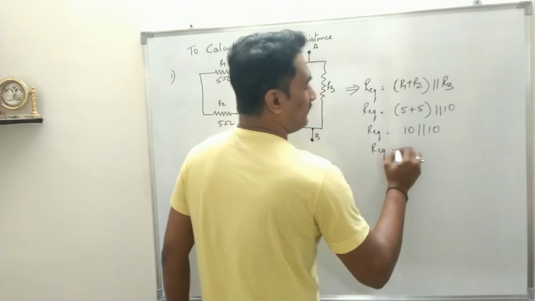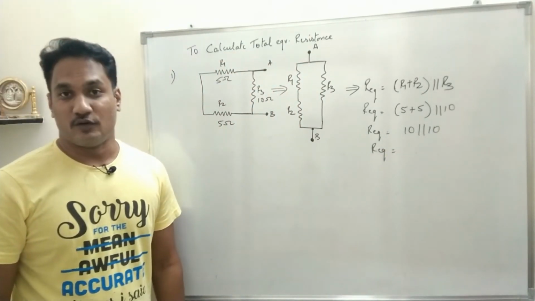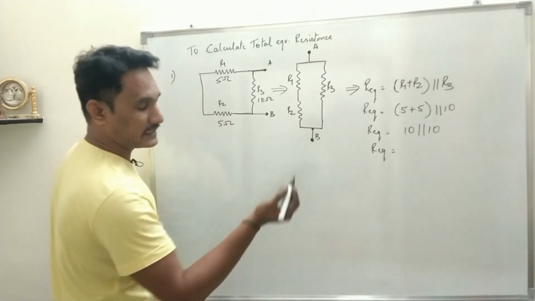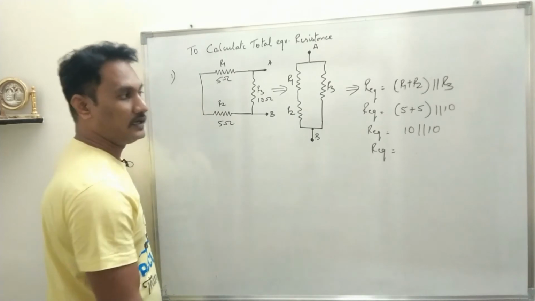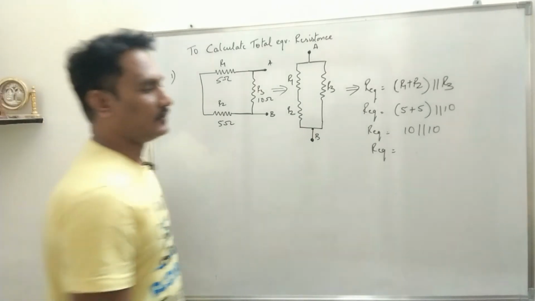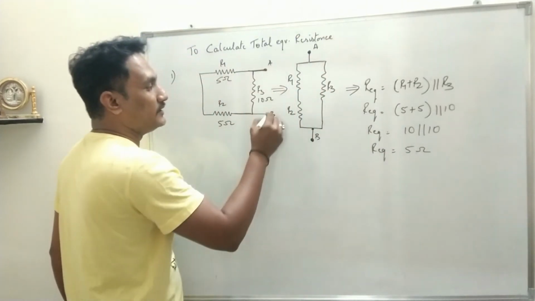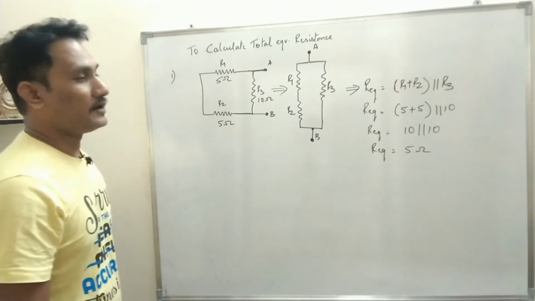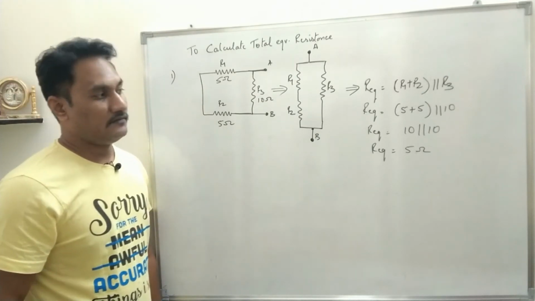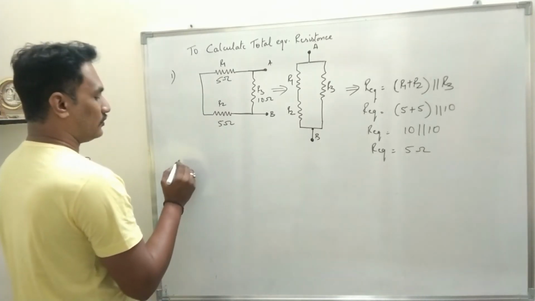Now I said, when two resistances of the same value come in parallel, the value becomes half. You don't have to calculate, but I'll do the calculations for you as I have already shown in the previous video. 10 into 10 upon 10 plus 10 will be 100 upon 20, which will be 5. So the total equivalent resistance between point A and point B is 5 ohms. So this is how we will calculate the total equivalent resistance.